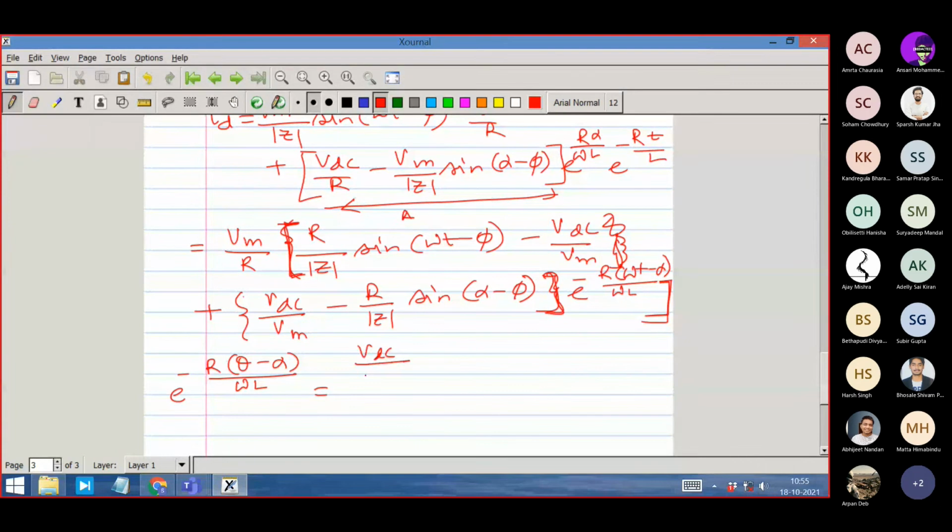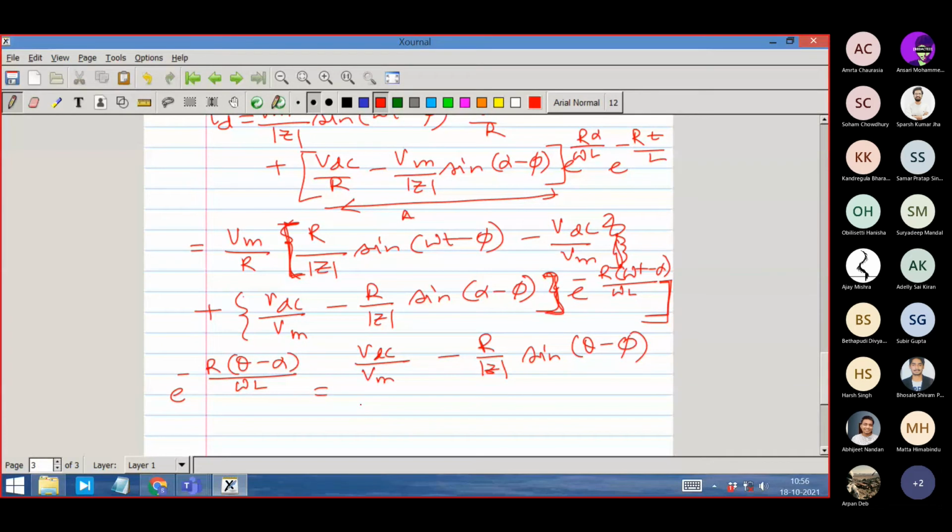VDC by Vm minus, this is equal to 0 again at theta is equal to beta, right? That is the point when it is again 0: sine of theta minus phi by VDC by Vm minus R by Z into sine of alpha minus phi.